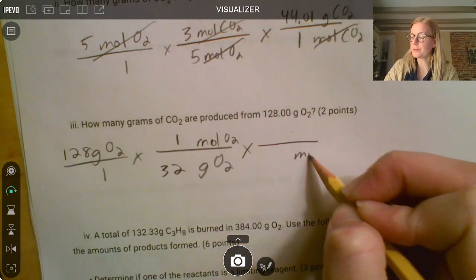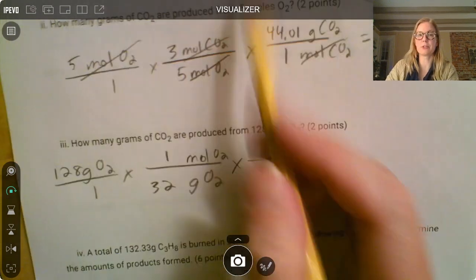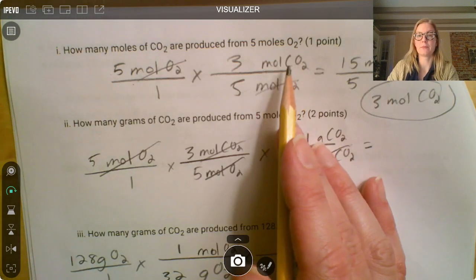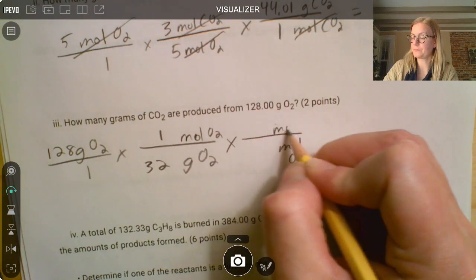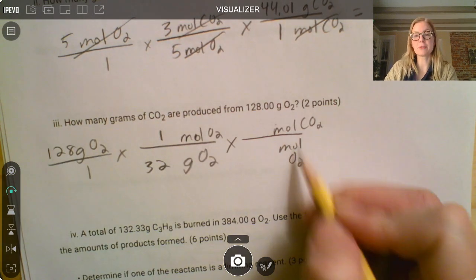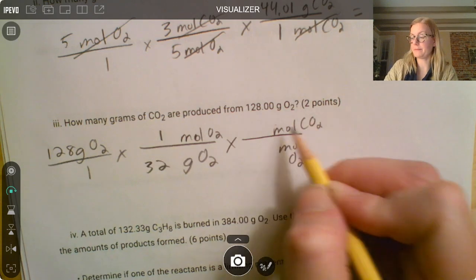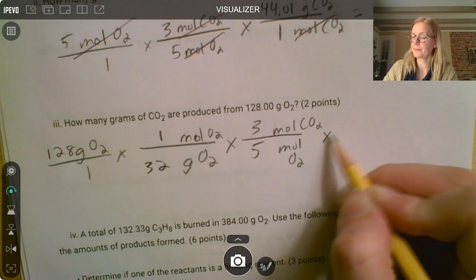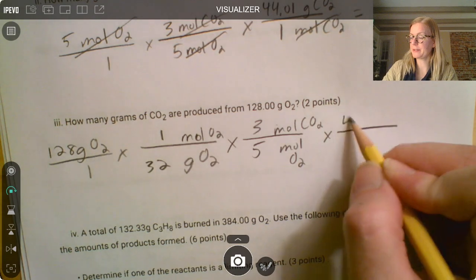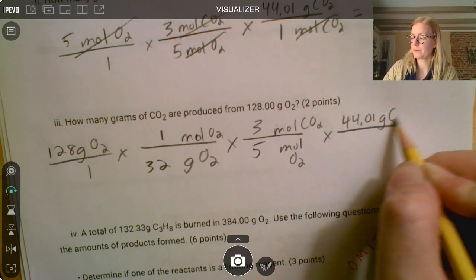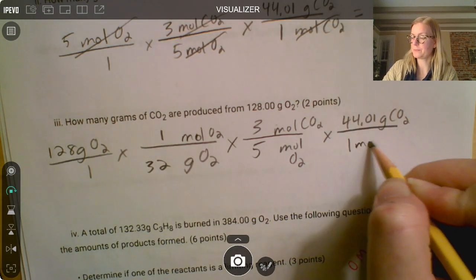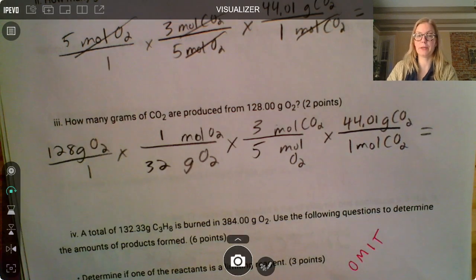Now we're going to throw moles of O2 under the bus, and we're going to do like we did up here. We're going to go to moles of CO2. And whenever you see moles over moles, that's the mole ratio from the equation. It's 3 to 5, okay? And then we'll add on like we did here to get to grams of CO2, like that, okay?